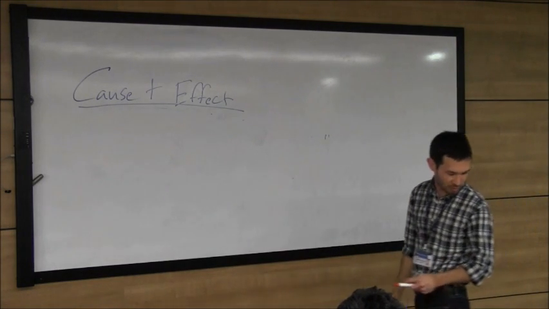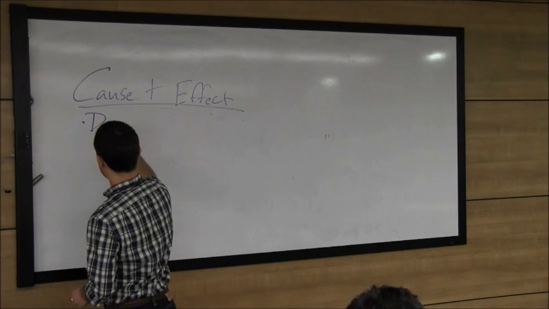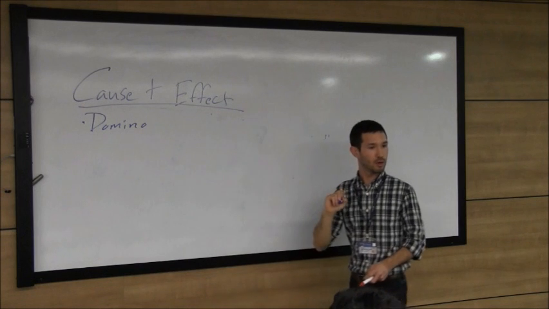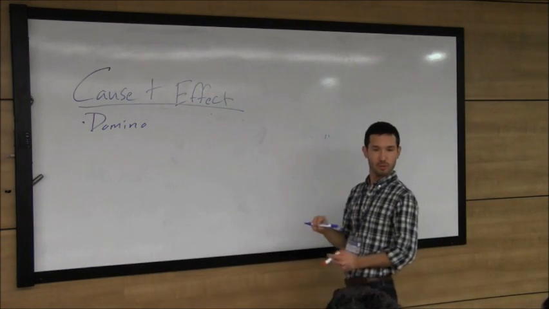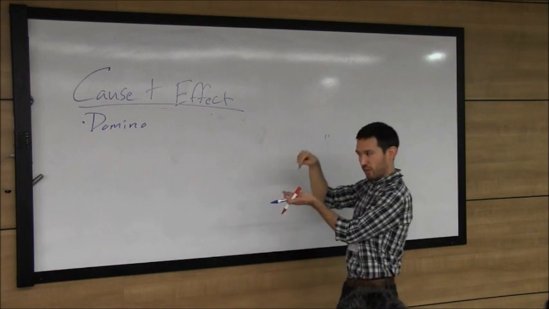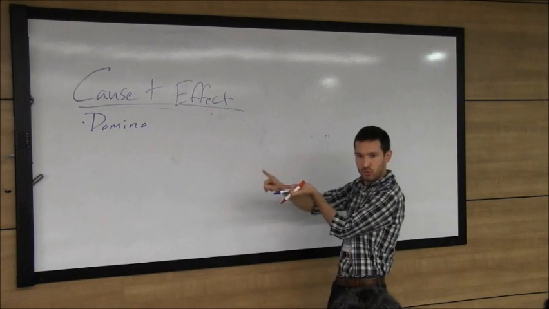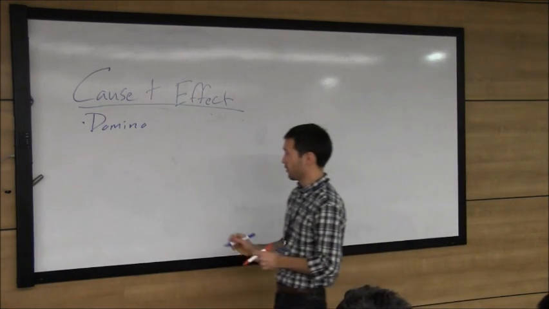And perhaps my favorite, the domino model. So what are dominoes? Dominoes are those things we set up and you knock one over and they all fall, okay? So one thing starts and the effects continue.